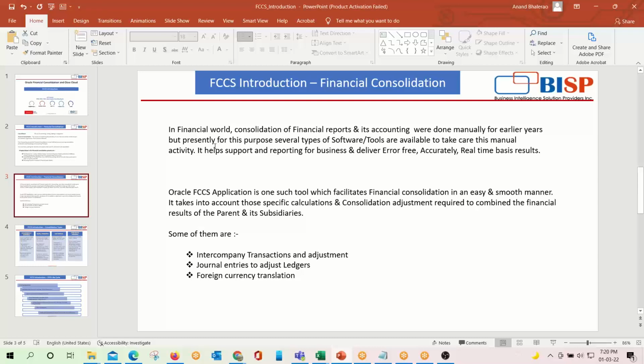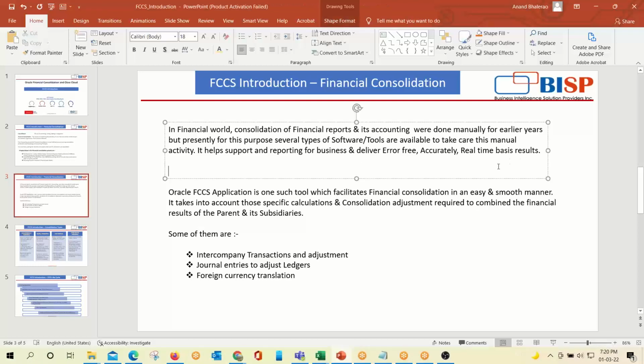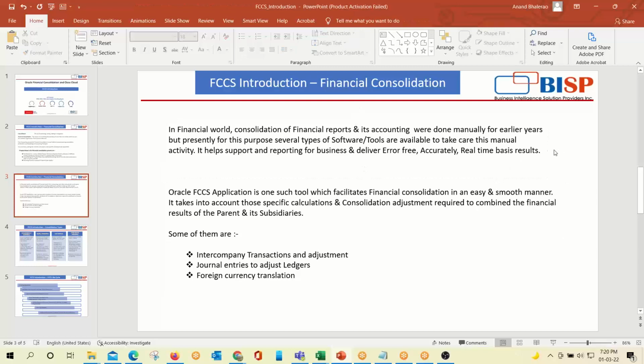They help and support businesses and deliver error-free, accurate, real-time results. To handle this complex, lengthy and error-prone process, several software and tools are now available.